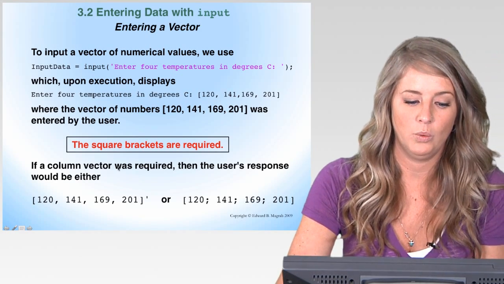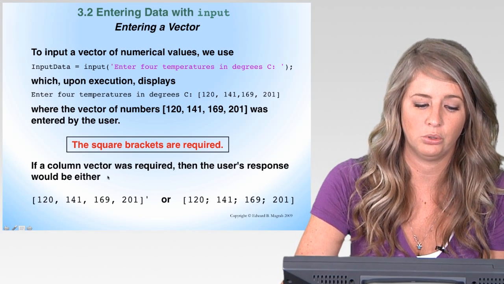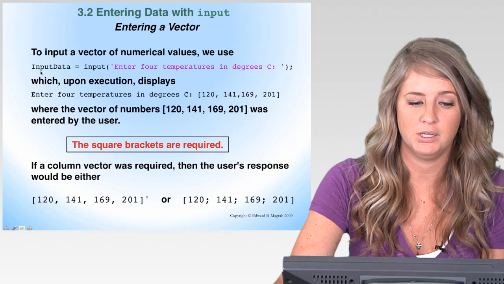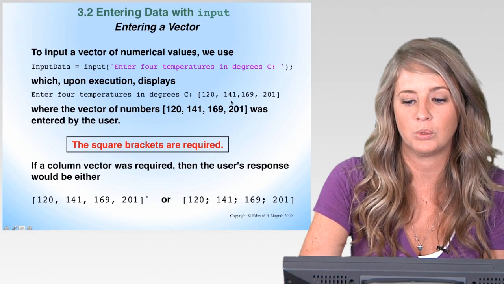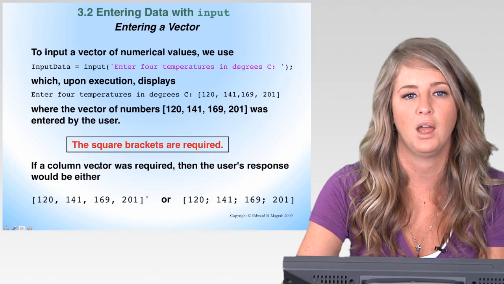And so then when it's executed, that is going to create a new vector for input, where input data will be equal to these values. And then again, you can do further computations on that.